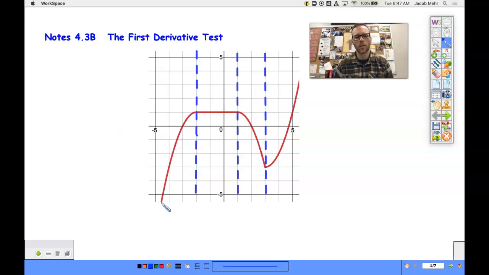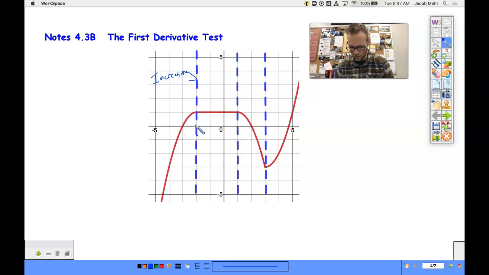Well, when I take a look at the interval from here to there, what I notice is that the function is increasing in this interval. Now, when we think about the derivative, remember that derivative is about slope. And what I notice here is that the slope of this curve is always positive in this interval.